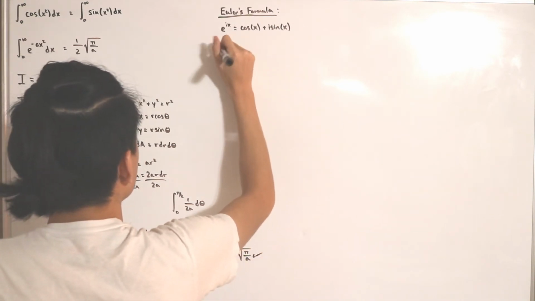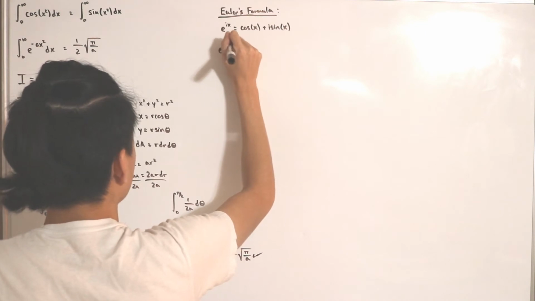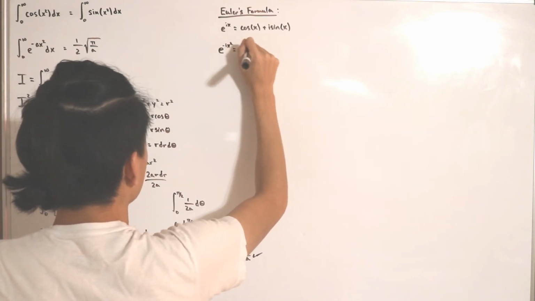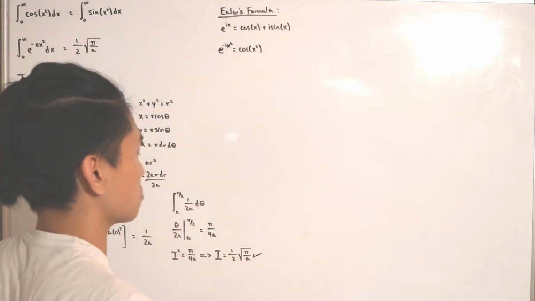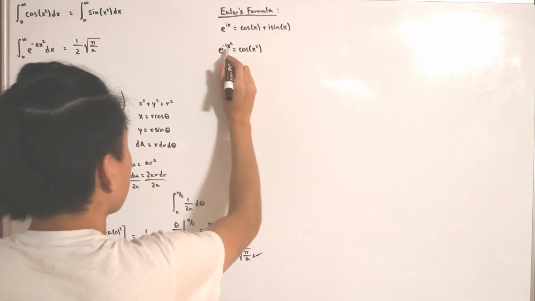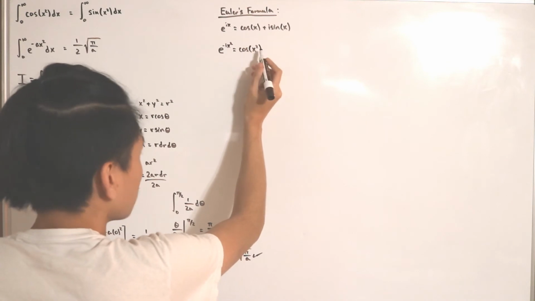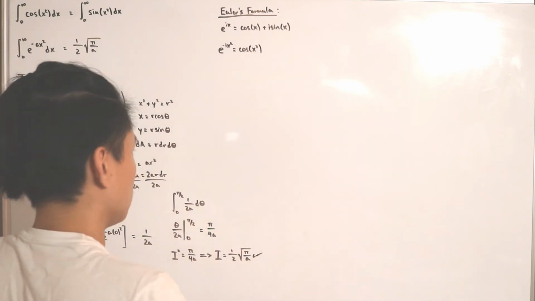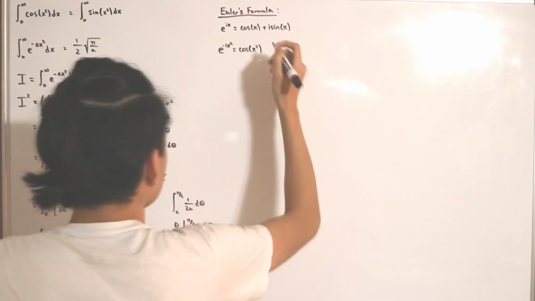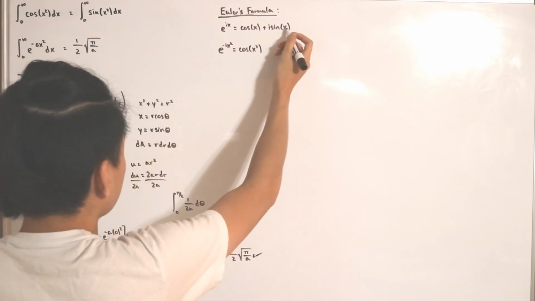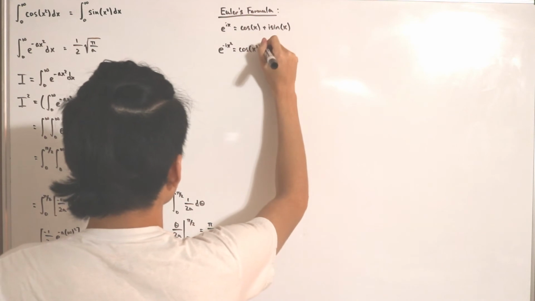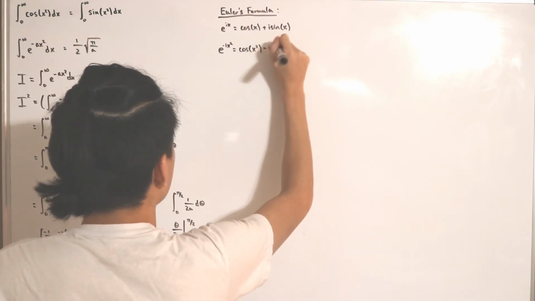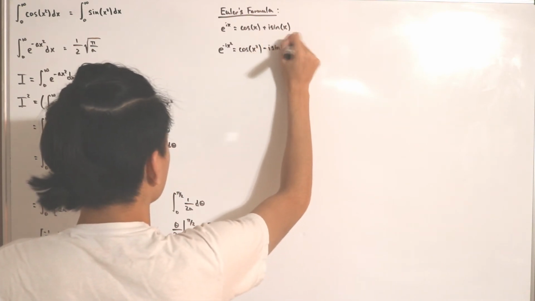Okay, so this means e to the negative ix squared is equal to cosine of x squared. Now I'm skipping some steps here actually. If I plug negative x squared into cosine, we get cosine of negative x squared, it's an even function, so it's just going to remain positive. And then if I plug in sine of negative x squared, it's an odd function, so that means the negative goes outside, so this will be a minus i times sine of x squared.